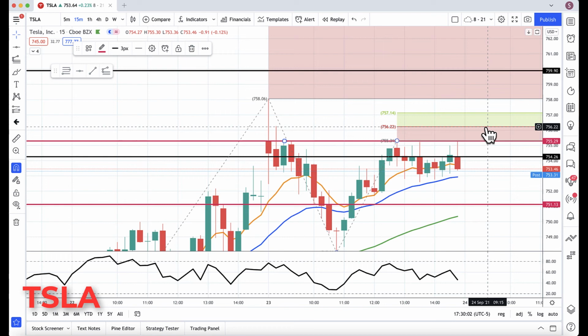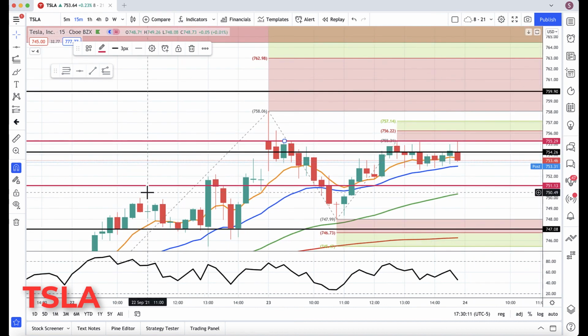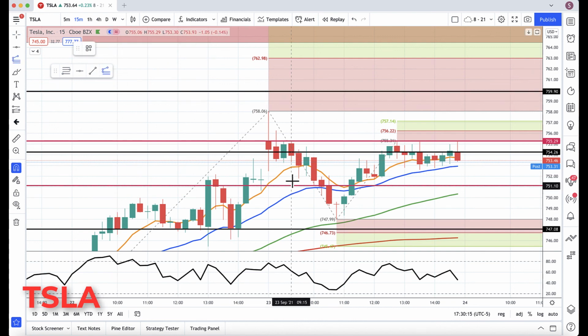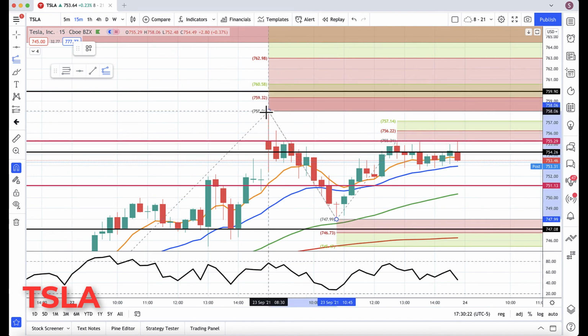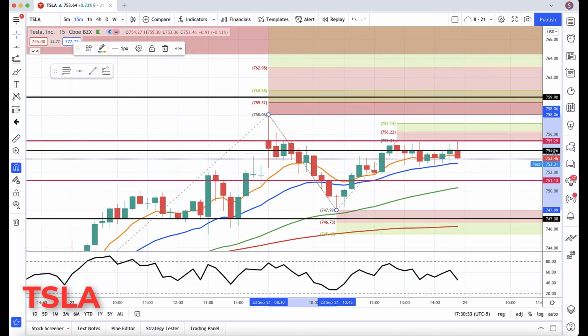Above there, minor 756.22, then 757.14, 758.06. If you want the minor levels above there, this is when, as I've talked about before, you use the reverse harmonics: the low at the 10:45 bar Chicago time, back to this swing high. So these are the minor harmonics, 759.32, then 750.68, then 762.98.